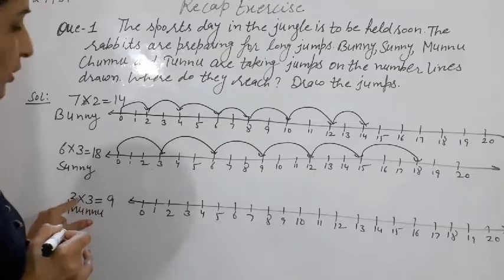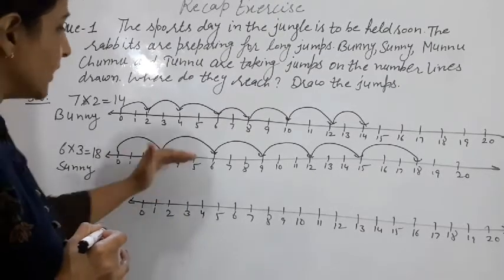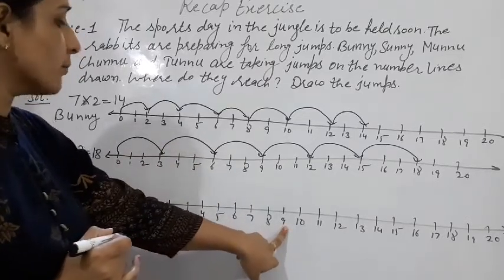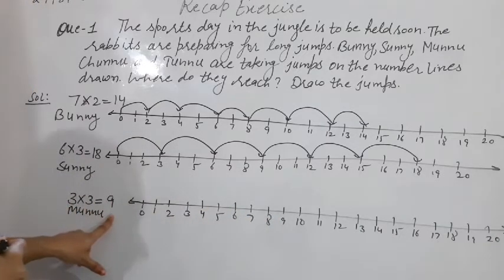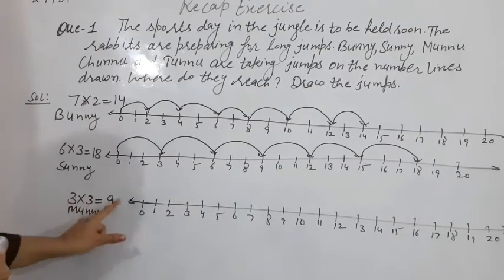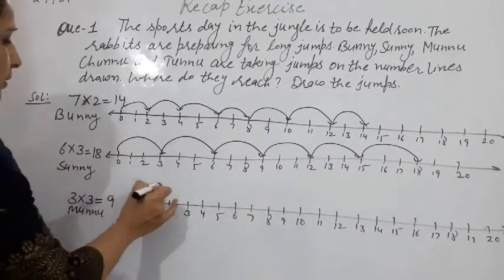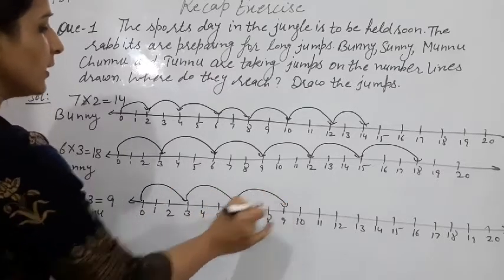Now the next one is Manu. Here 3 threes is given. So 3 threes are 9. So when he jumped, where did he reach? He reached 9 on this number line because 3 threes are 9. Clear? So he reached 9. So start: 1 three is 3, 3 twos are 6 and 3 threes are 9.